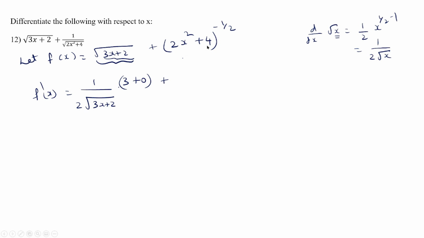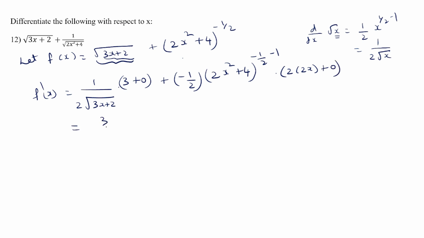Now keeping this as a single function, let us differentiate this. So it will be minus half into 2x square plus 4 the whole raised to minus half minus 1 into the derivative of this function 2x square plus 4. So the derivative of 2x square plus 4 will be 2 into 2x plus 0. Now let us simplify this.